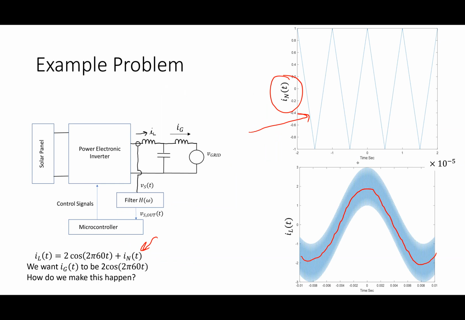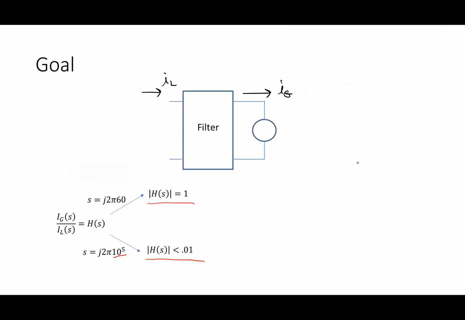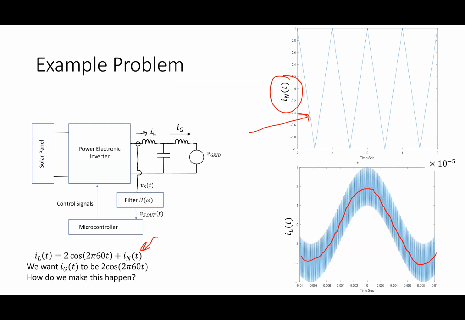That's pretty small. So I put it through this filter that consists of the two inductors and the capacitor, and the current that goes through becomes much cleaner. What I end up seeing at the output of this filter, I_G, is just this red line.